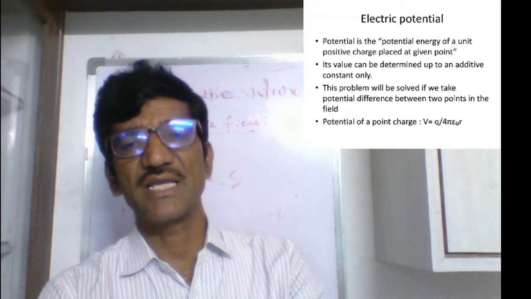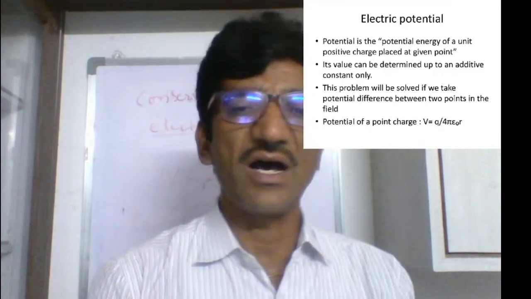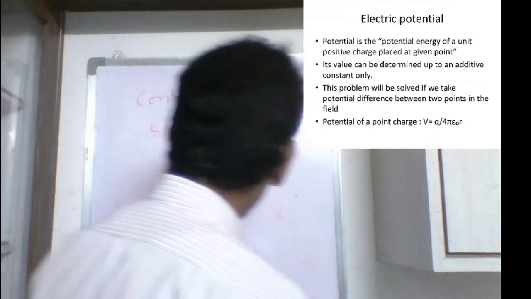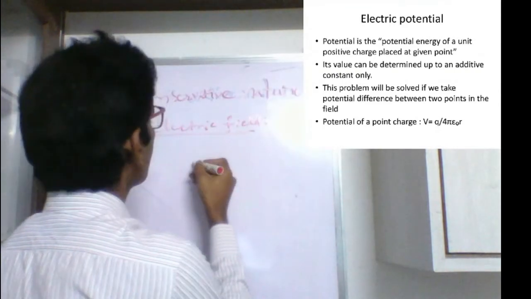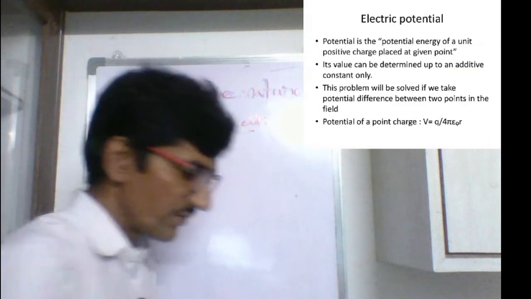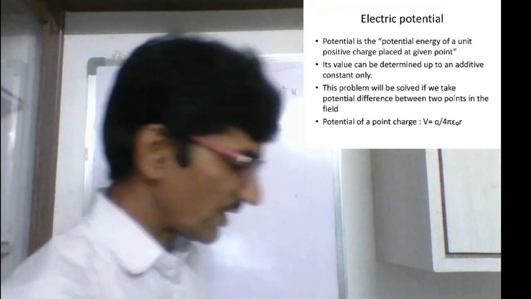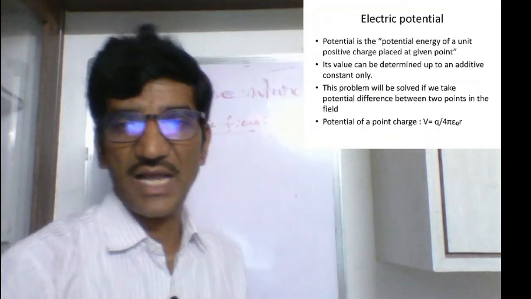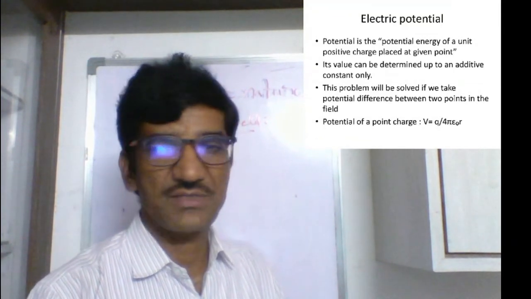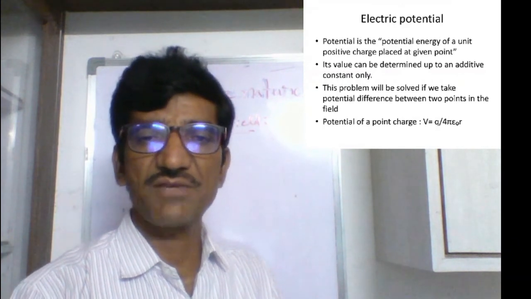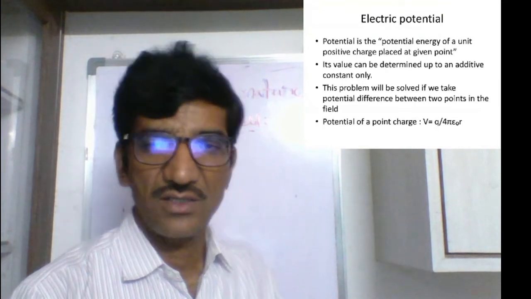So what is the formula for the electric potential of the point charge? V is equal to 1 by 4 pi epsilon naught, q by r. Instead of r squared, you have r. You know this formula also.